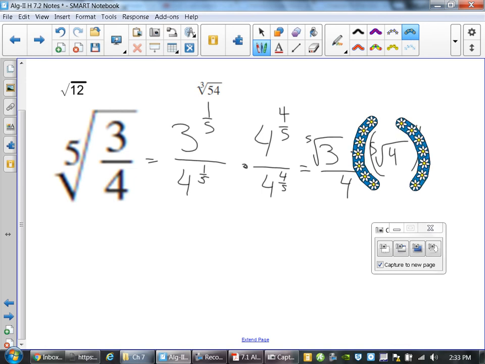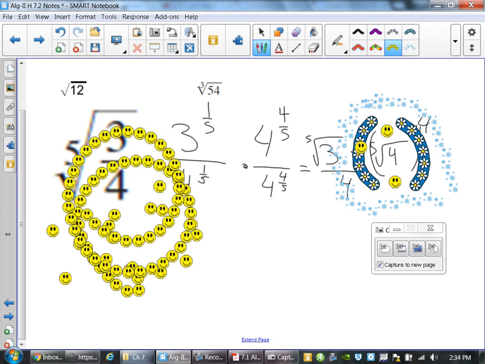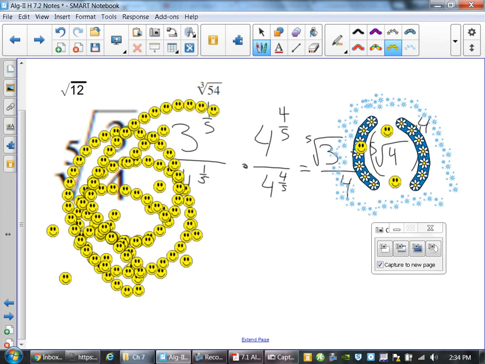With flowers around it. And some snowflakes. What was the exponent again? Some snowflakes. And a smiley face. That's 2 smiley faces. Now it's 3. 4. Okay. Same.